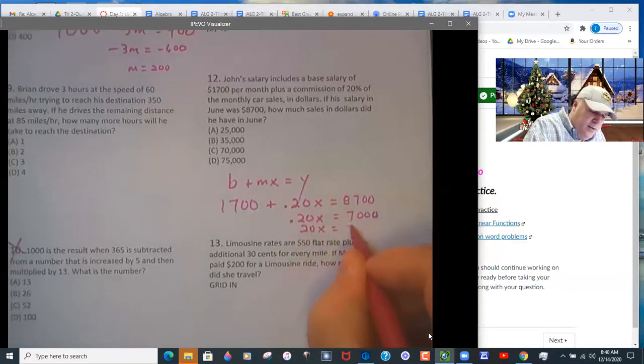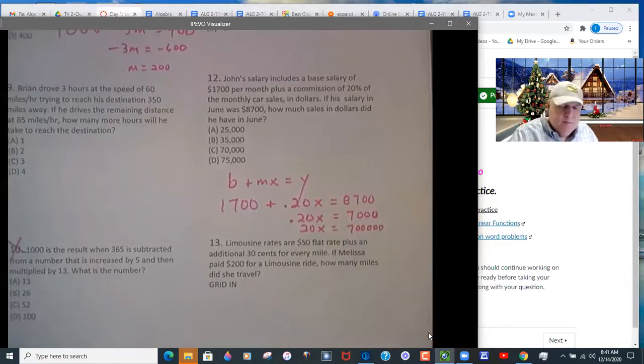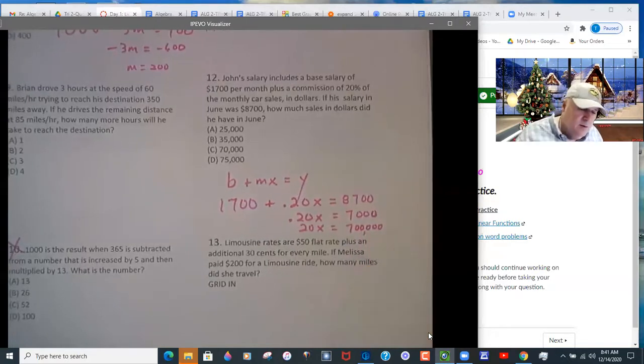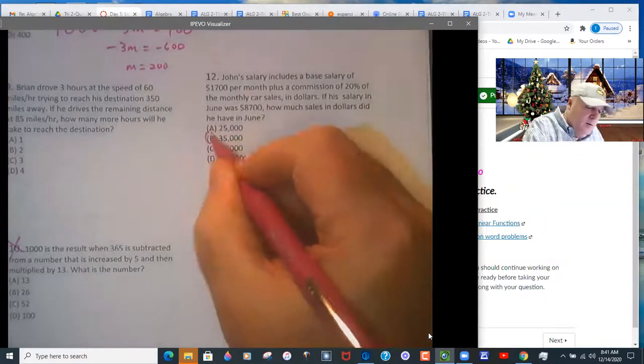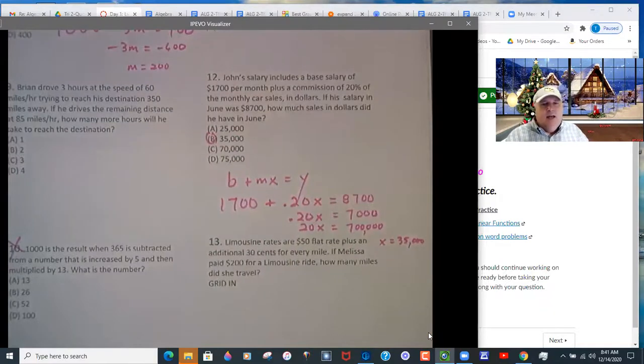So if you said 20x, then you got to add 2 zeros over here. And then 700,000 divided by 20. That is 35,000, meant to be done without a calculator. But if you're stuck, I would want you to finish the problem and use a calculator. So that's okay if you get stuck on a few. But practice through a few of these.